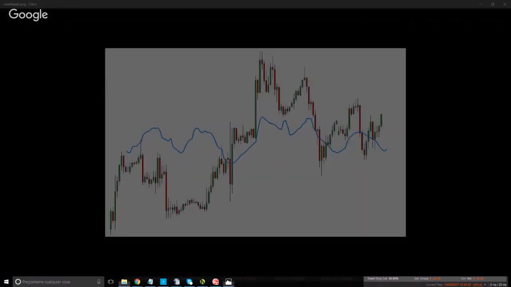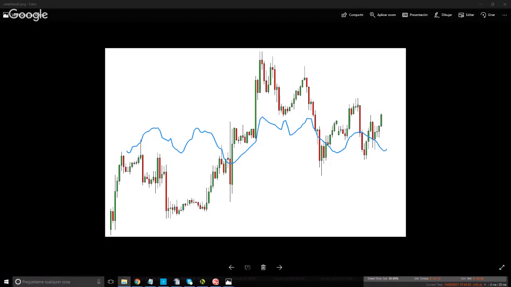We can also look at the market in terms of an average volatility, an ATR, for example, an average true range. I measure the true range for n periods and make an average out of it, and I have an idea of what is the average per period this market is showing.